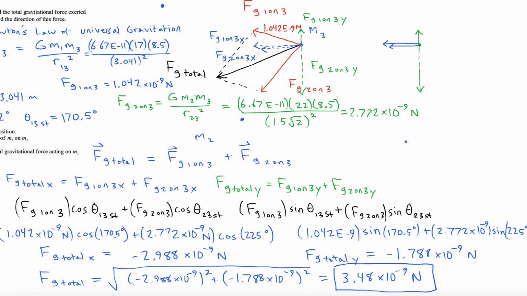Then to get that final angle, we'll just do the arctan of the y component over the x component. I don't need the times 10 because it's going to cancel.